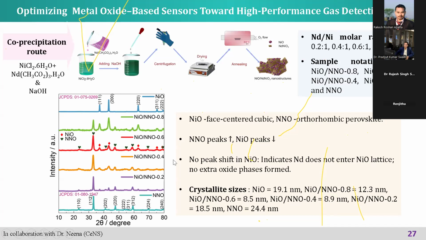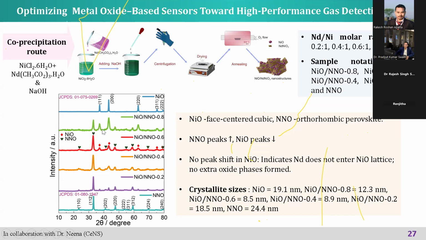For each step, we observed a similar trend. As the Nd-NiO3 composition increases, the Nd-NiO3 peak increases and the NiO peak decreases. At the end, with 0.8, there is 80% Nd-NiO3.